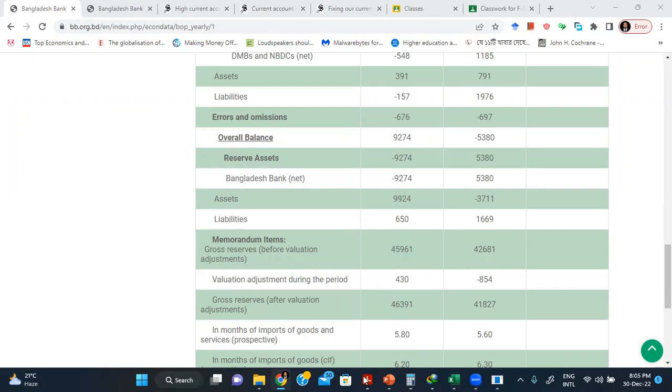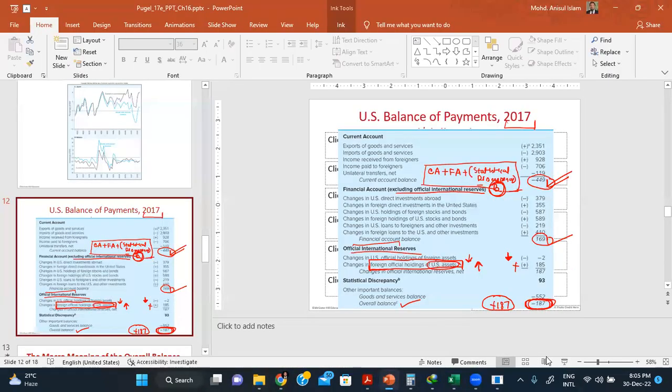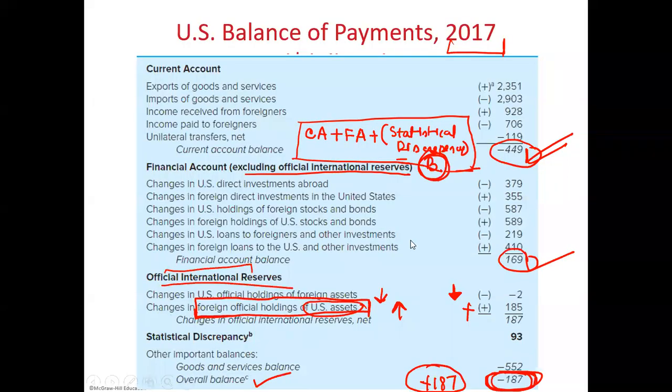So we have verified what is going to happen, and what is expected to happen, as long as we are in an issue with the overall balance deficit.